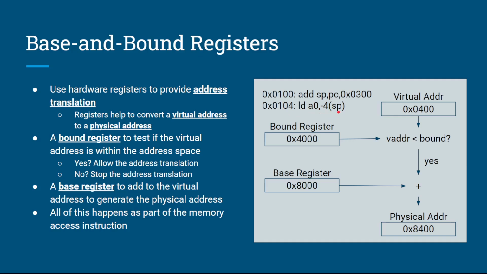It knows that it's trying to access this virtual address 400, but this instruction doesn't see the actual address translation that happens here, or the access that puts it into register A0 here. All the process knows is the data from this virtual address got put into the register. So we've got transparency.